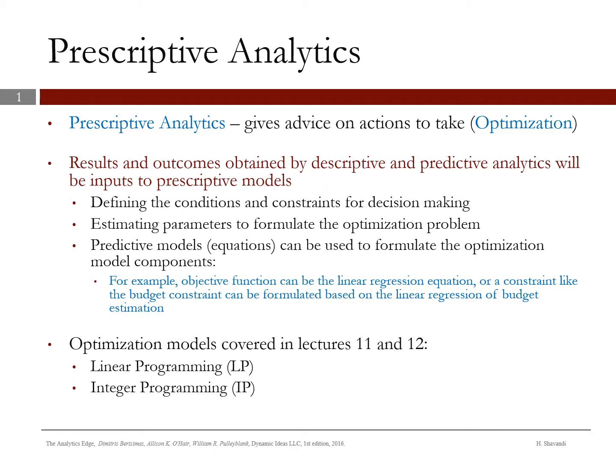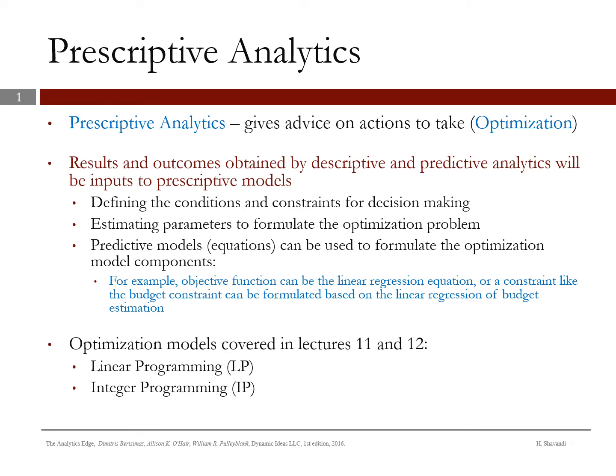So here we are going to build optimization models based on the results and outcomes obtained by the descriptive and predictive analytics, and then we will implement that optimization model in R or any other optimization software to obtain the optimal solution.